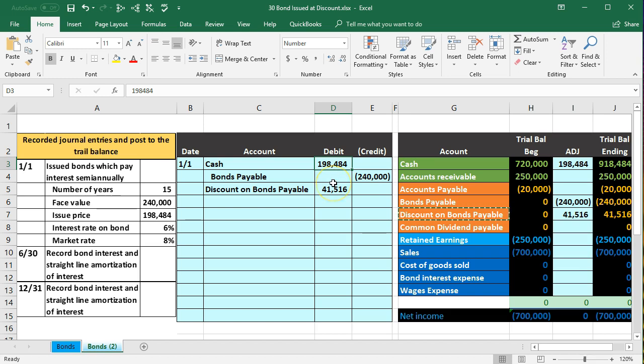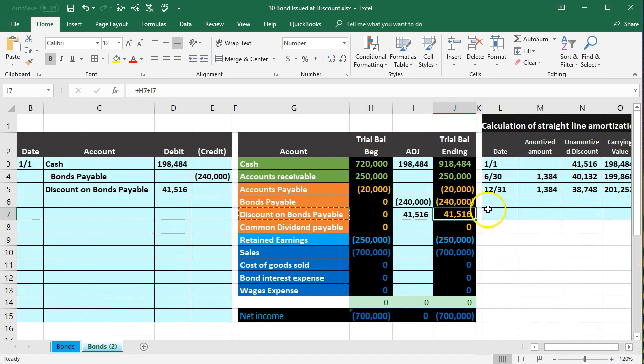So we will accept less money today because the market rate, in other words, is higher than the rate that's stated on our bond, the interest that we will actually pay. So that means that we're going to have to get rid of this amount, this 41,516, and we'll do that by expensing it to interest. And the reason is not because we're going to be paying interest on it, but because this is really a result of that difference of the interest rates.